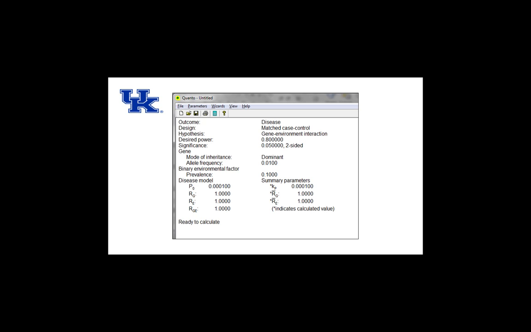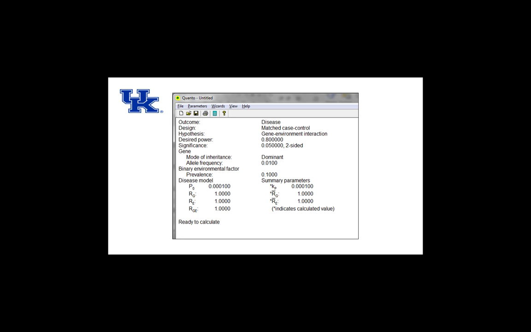A mode of inheritance is something you're assuming as well. We talked a little bit yesterday about mode of inheritance and complex diseases being a bit of an anomaly, but it places an assumption about the relationship of the genetic variant and the outcome, on how we think that operates. Do we need 2 copies of the minor allele in order to exert some influence on phenotype or risk?